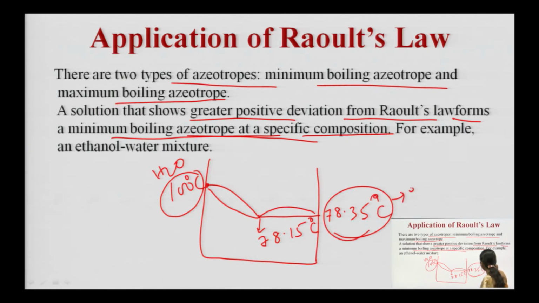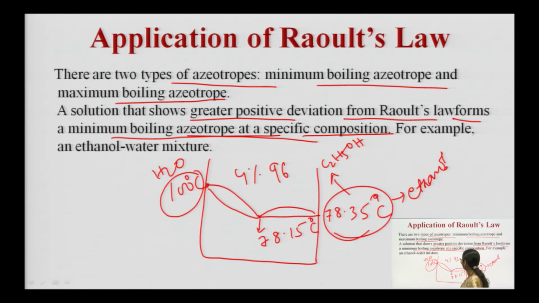At this point it starts boiling together at a constant composition, that is, it gives 4.03% of water and the rest, 96%, of ethanol.